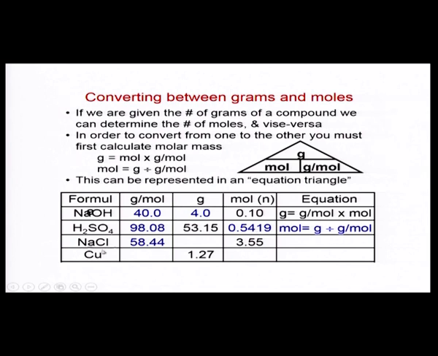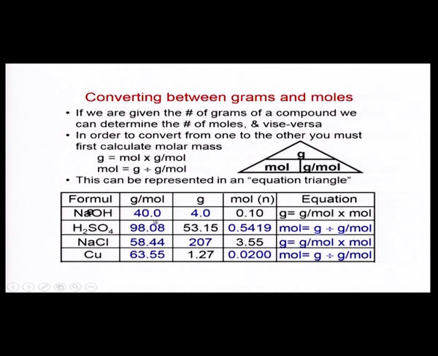Similarly, for salt, sodium chloride, its molecular weight is 58.44. Suppose you want to prepare a 3.55 molar solution, what weight? Applying this triangle, we have to take 207 gram of sodium chloride. If we weigh it into 1 liter, we will get 3.55 molar.